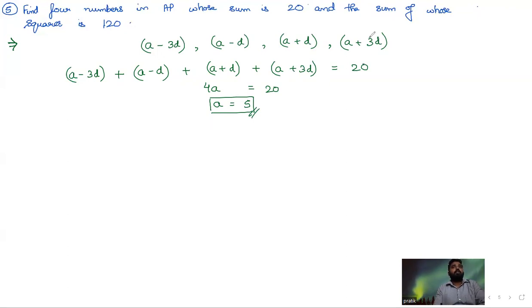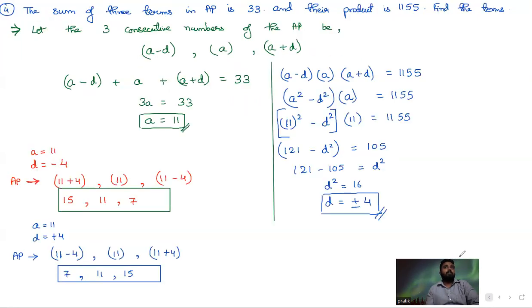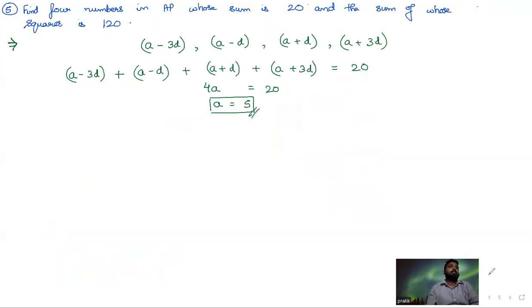Now we have to find the D value. Here it is not related to product. If you see the very first one, the similar type of question, the product was 1115. We multiplied the product, but in this case it is the sum of whose squares is 120. So a little bit of tedious work. I'm writing this as condition 1. This is condition 2, as per the given condition.